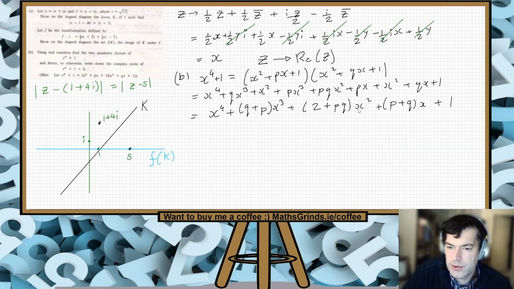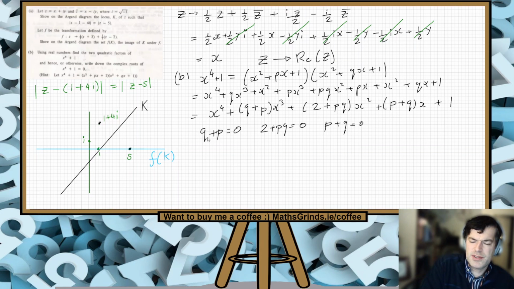Okay, so we know that for this equation to be equivalent to x power 4 plus 1, q plus p must equal 0, and 2 plus pq must equal 0, and p plus q must equal 0. Well, p plus q and q plus p equals 0.